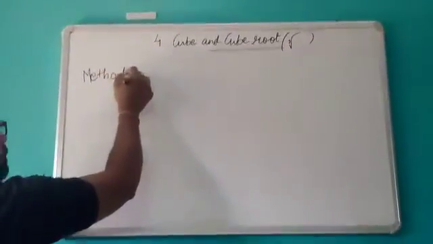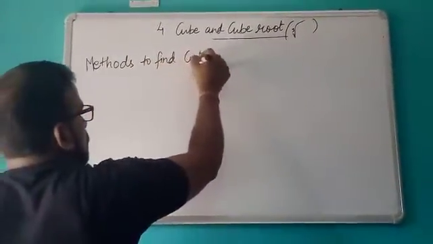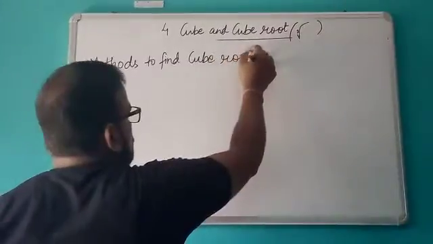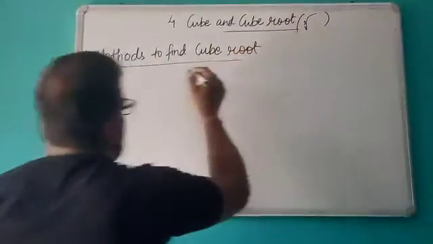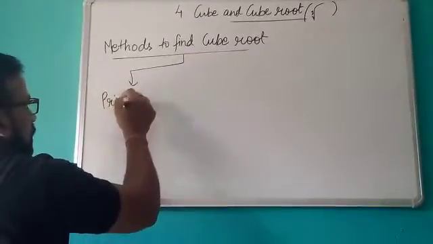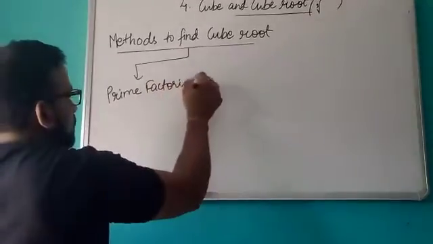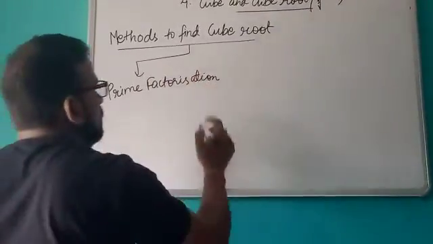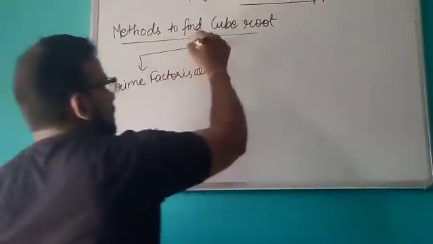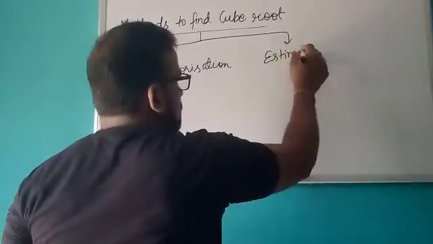Now, methods to find cube root. Two methods are there. One is very basic, that we also use in square root, that is prime factorization. It is applicable for each and every number. Then the second method is estimation.